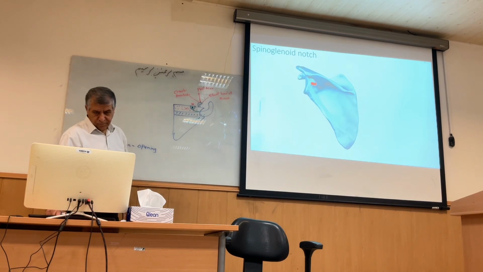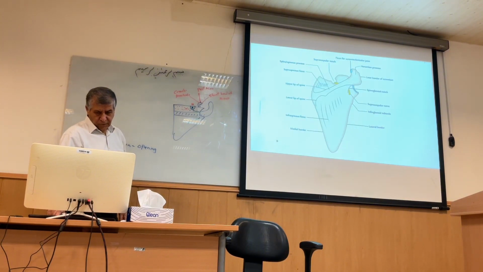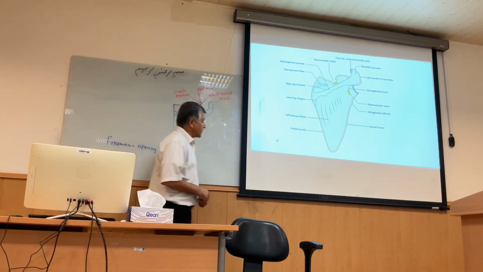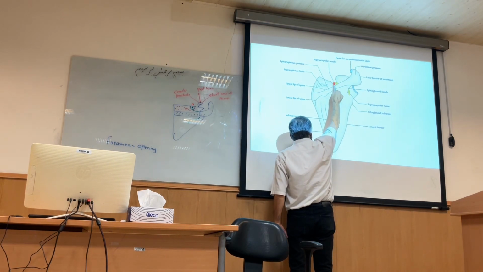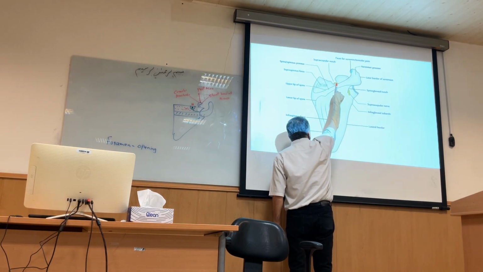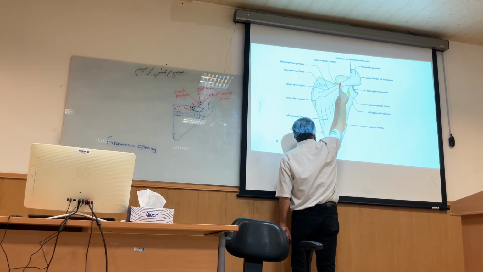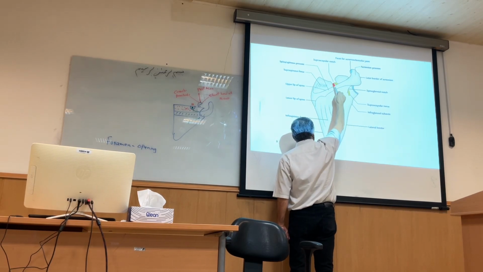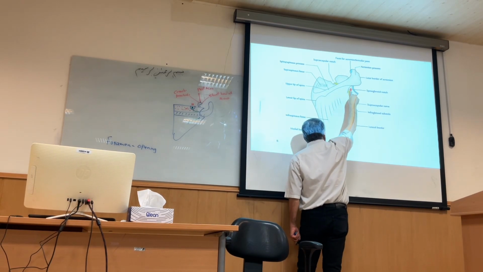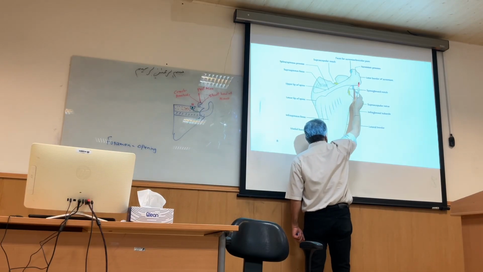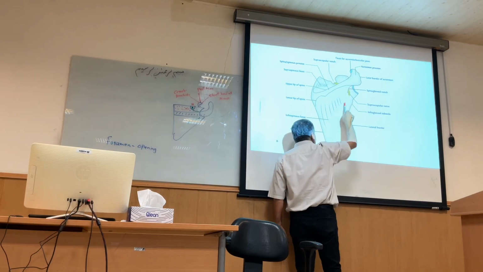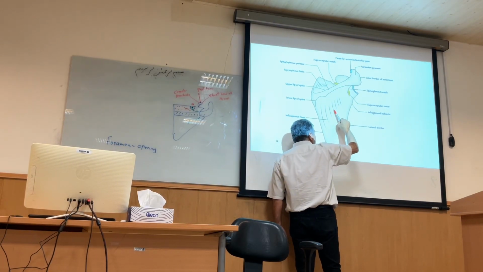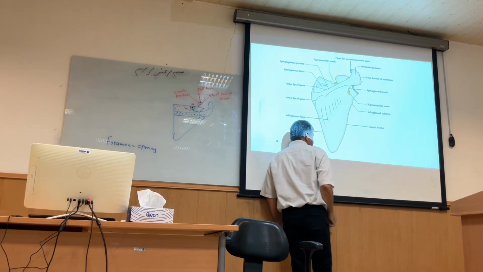Okay? In this figure, you can see this foramen is the location for passage of the suprascapular nerve. This nerve innervates the supraspinatus muscle, passes through this notch, and enters into the infraspinatus muscle.